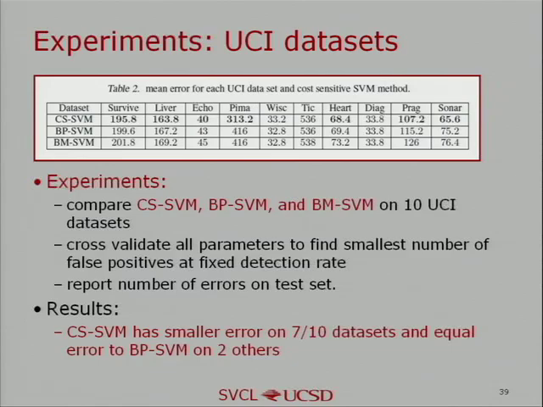Once they're equal in that sense, I would go to the test set and see how many false positives they gave me. And of course, the one with the smallest false positive would be the best, because I've ensured that their detection rates are fixed, given the amount of flexibility these have. The cost-sensitive and bias penalty SVMs have the same number of parameters that you can tweak. But for the boundary movement SVM, the only thing you can change is just the bias. So with that in mind, that's the fair way of comparing them.